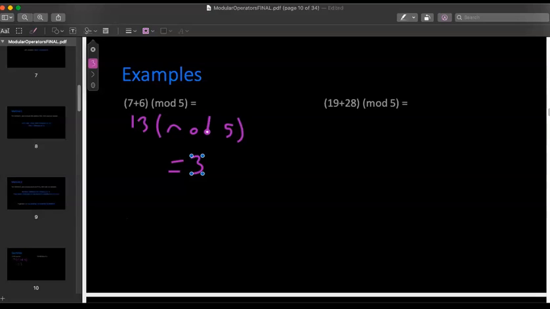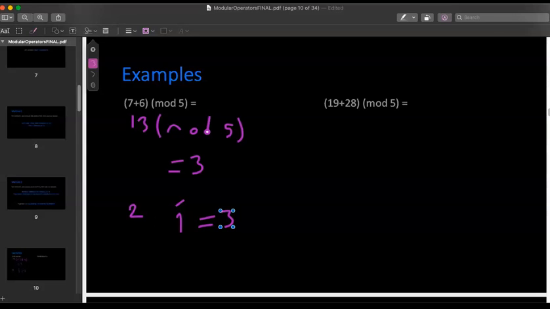So what you would do is you would see how many times 5 goes into 7, which is 1, and what's left over, well, I would say 7 minus 5 is 2. And then when you go to 6, 5 goes into 6 one time, and what's left over from 6 minus 5 is 1. So when you add those two together, the overall modular is 3. Perfect. Thank you. That was a perfect explanation.